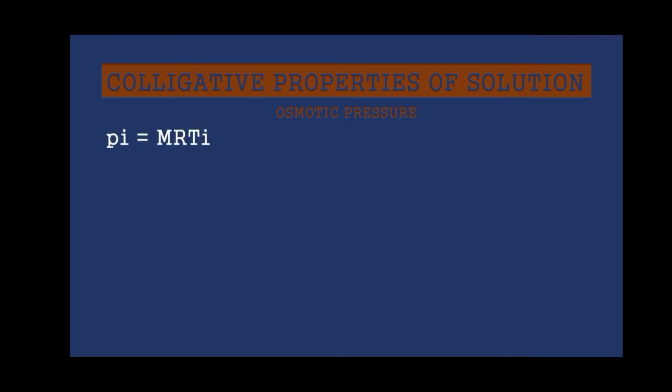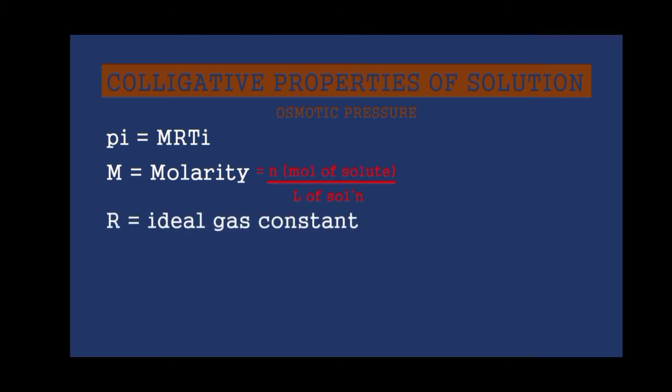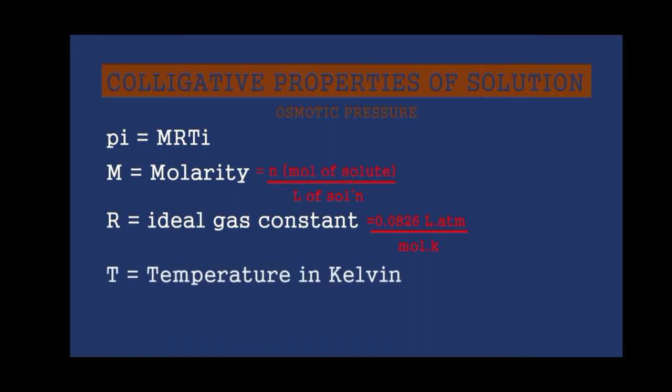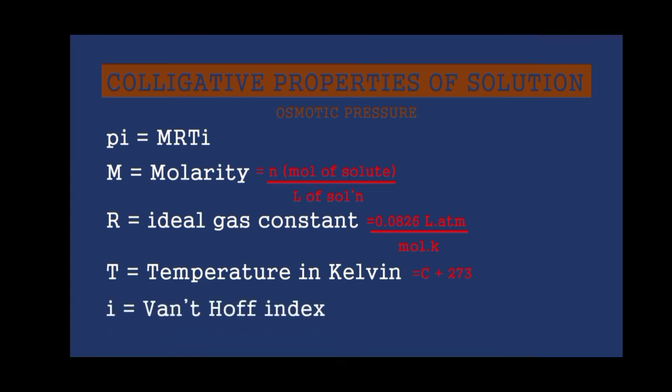The osmotic pressure formula is pi equals MRTi, in which the M stands for molarity, which is the moles of solute all over the liters of solution, and R is the ideal gas constant, which is equal to 0.0821 liter times atm per mole times Kelvin, and temperature in Kelvin, T, is equal to C plus 273 as the formula for Kelvin, and i is the van 't Hoff index, which indicates the number of ions.